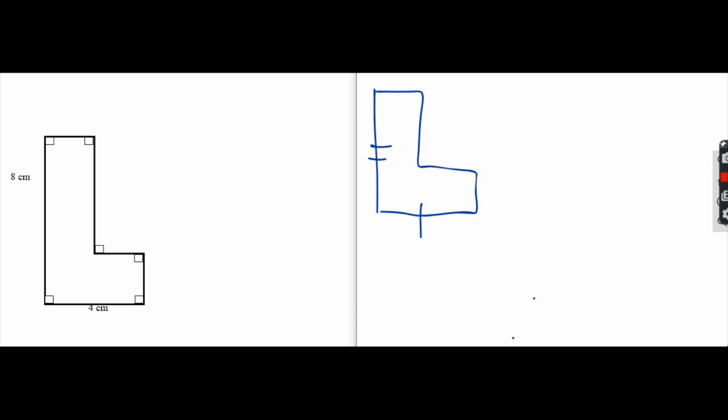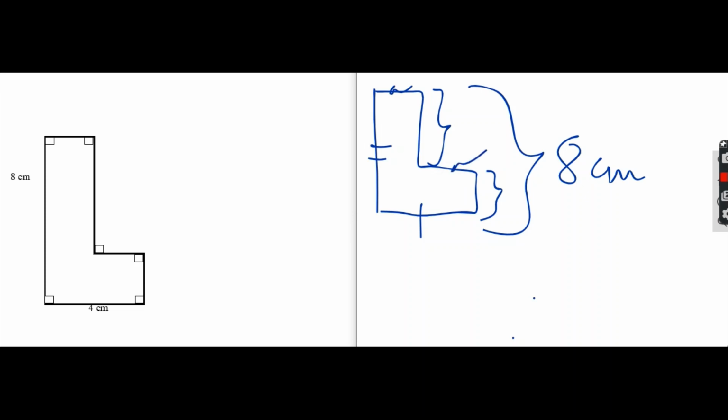But we should know that this is somewhat similar to a rectangle itself, because when you add this part which I'm marking right now and this part which I'm marking right now, both of those together is equal to 8 centimeters, and the same goes with the other side as well. When you add this side and this side, both of those will equal to 4 centimeters.